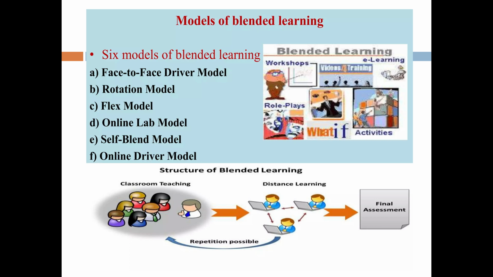Most learning takes place online, but students have scheduled in-person sessions for activities like labs, writing, discussions, or project work. As for the self-blend model, some students attend in-person classes, while others participate remotely through different platforms. The goal of this model is to provide simultaneous learning opportunities for both groups.